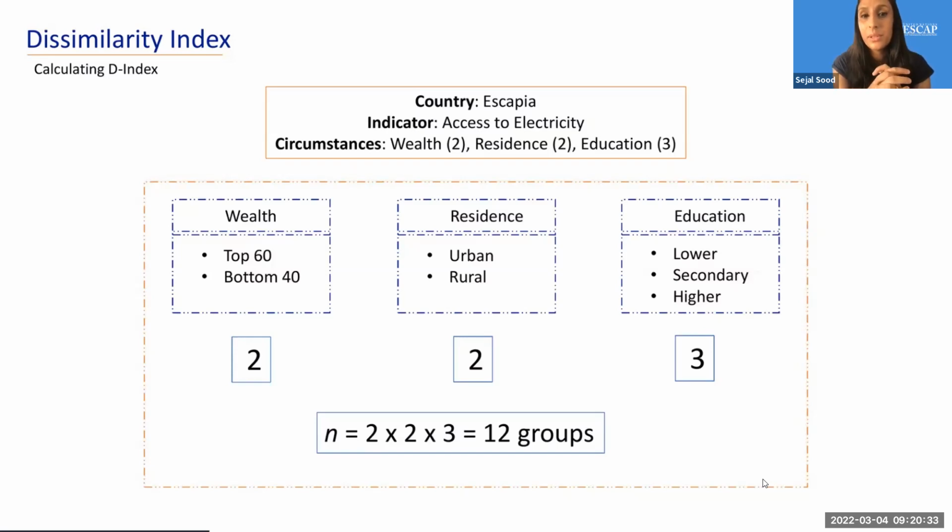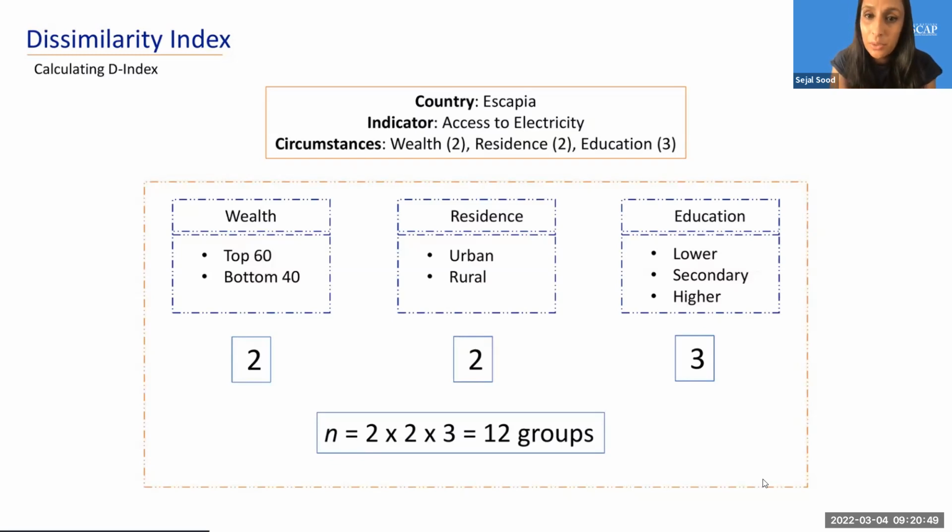Then in residence, we look at 2 different options as well, urban versus rural. And in education, we look at 3 different categories. So in this case, we would have 12 different groups or combinations.